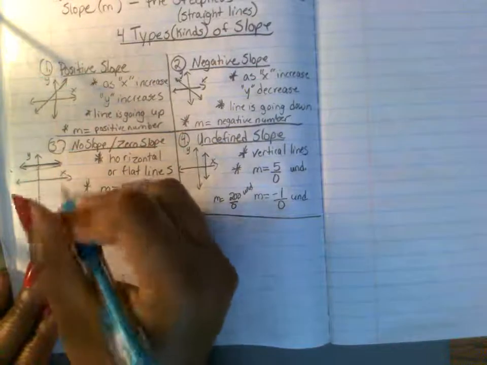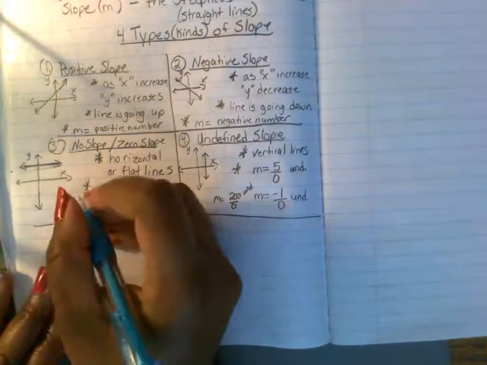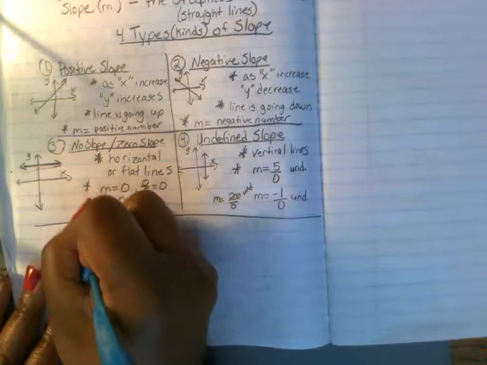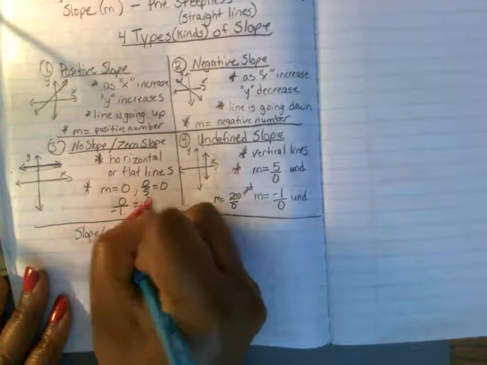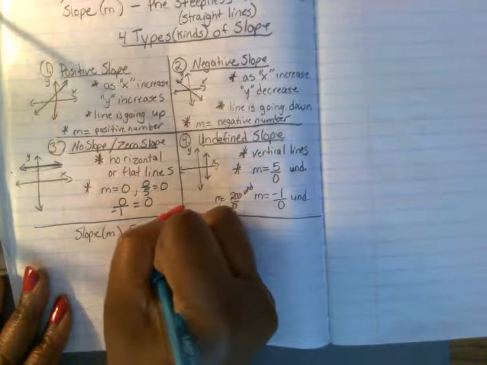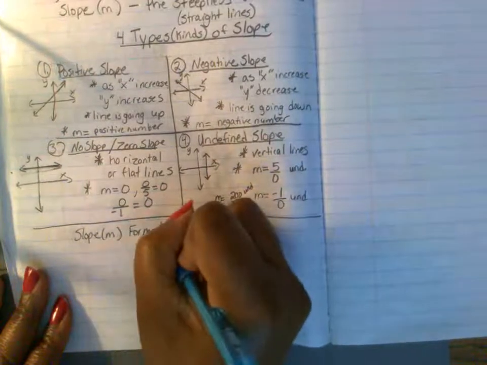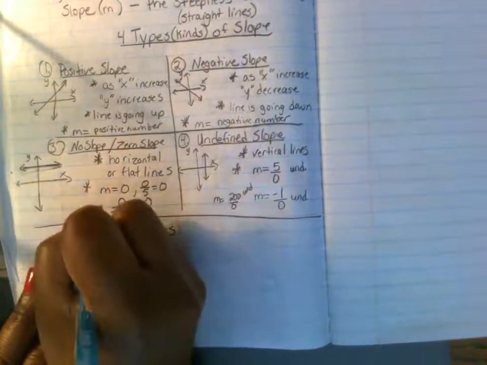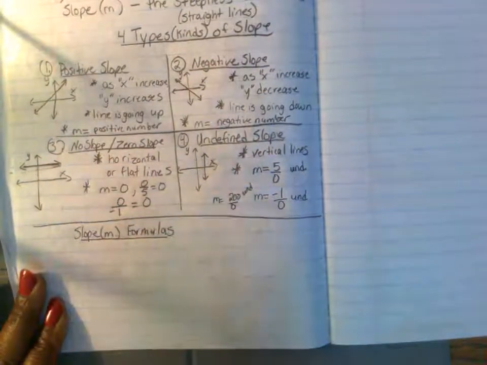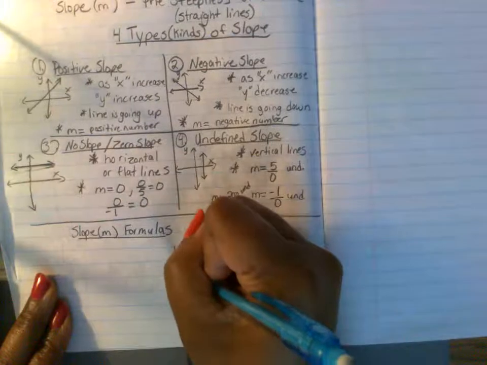The formula for finding slope. Slope, the letter again for slope is M. Formulas. There are 2 slope formulas.